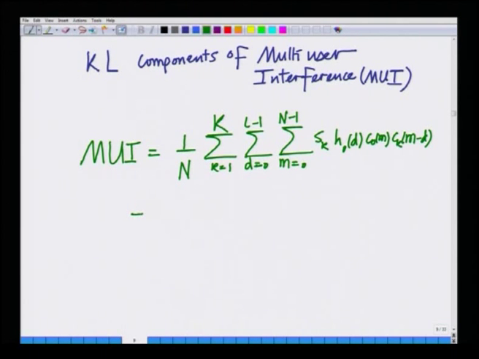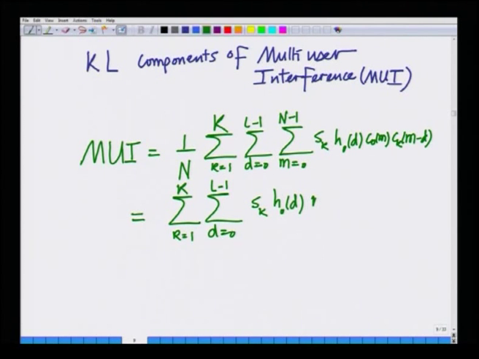This can be written as summation over all users k equals 1 to capital K, summation over all paths d equals 0 to L minus 1. I will move this 1 over n inside, and this is nothing but Sk h 0 of d, and this c 0 m ck m minus d summation over m is nothing but the cross correlation between the code sequences of user 0 and user k.